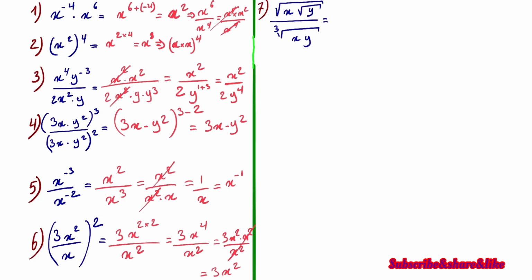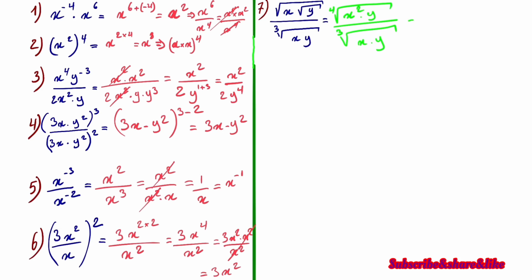So what is it going to give us if we use the same identity we did now? Everything will be just x squared times y over, like this to the fourth here, because the square root is to the fourth, over the cube root of x times y.